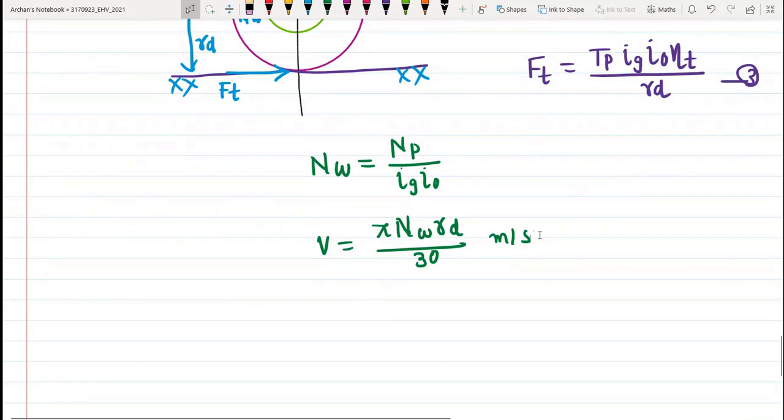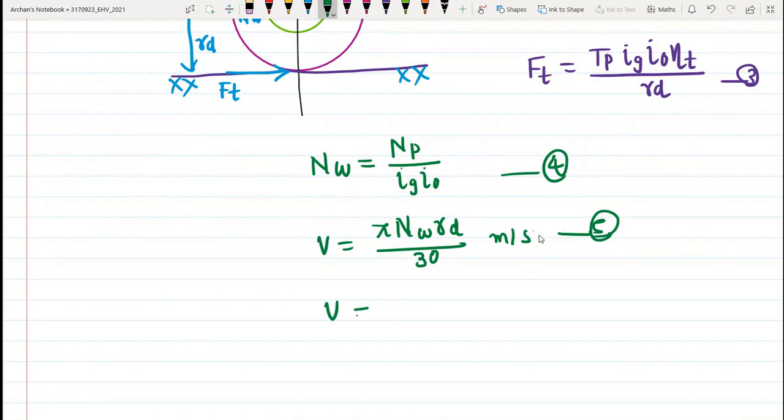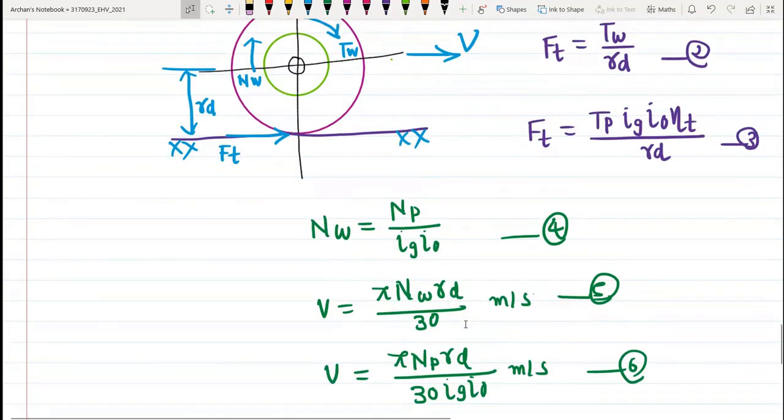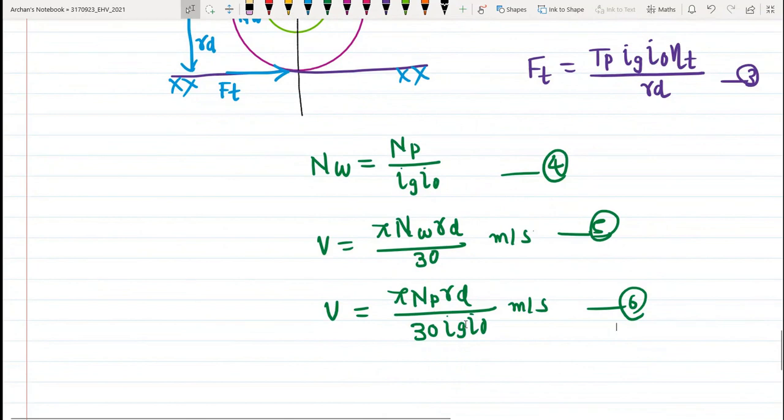If we use equation 4 in equation 5, then the final equation for V will be pi Np Rd upon 30 Ig I0 meters per second. So this is the powertrain tractive effort and its relationship with vehicle speed. These are some dynamic equations of electric vehicles we have seen in this session.